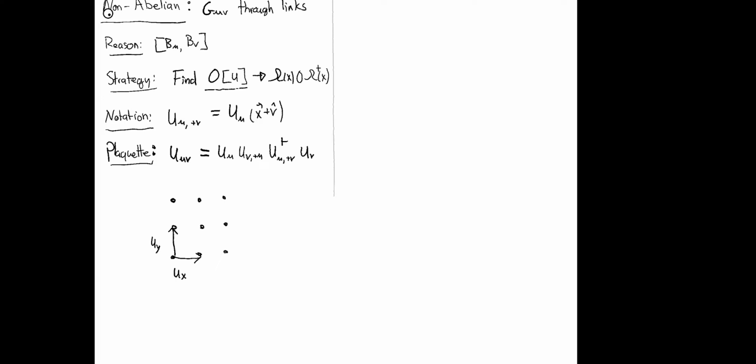Now, when you move by 1 point, say I want to look at U_xy. This is first U_x, then the second is U_y at x plus one, and the 2 daggers at the end, I forgot the last dagger when I wrote it, just tell you that you're going in the other direction.